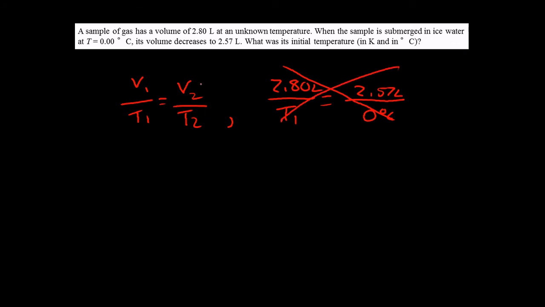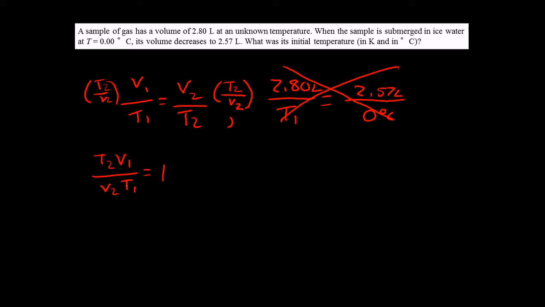If I flip this, so if I multiply both sides by T2 over V2, I will get T2 times V1 over V2 times T1 is equal to 1.